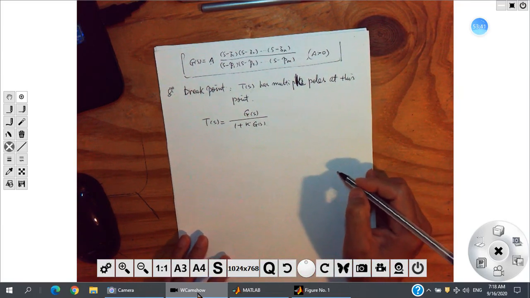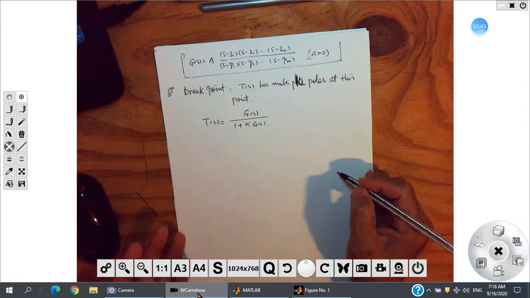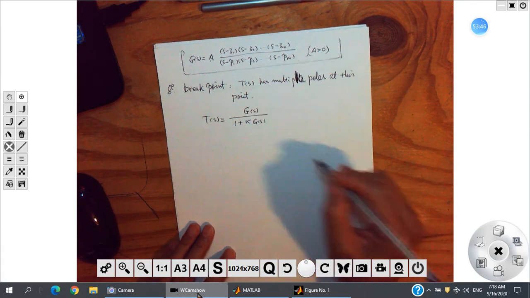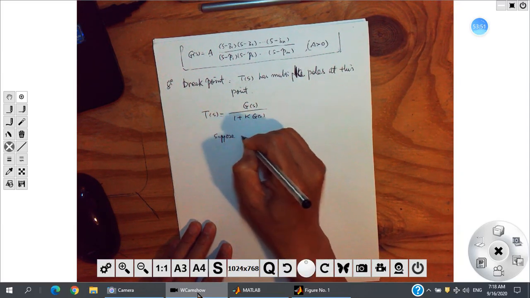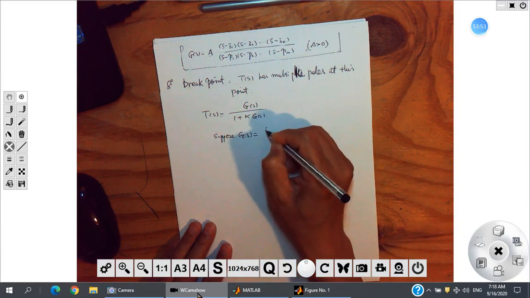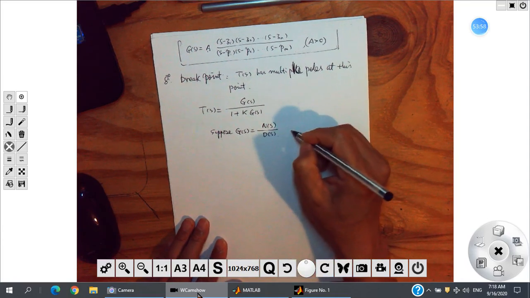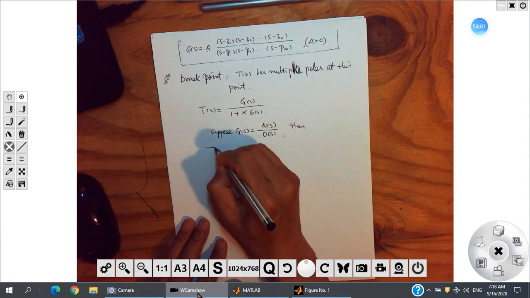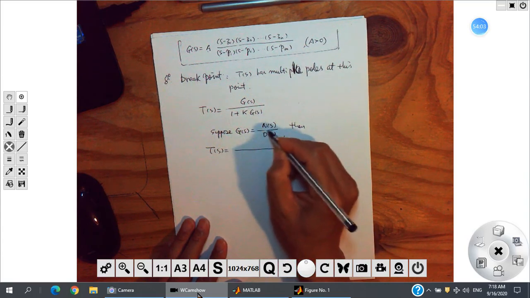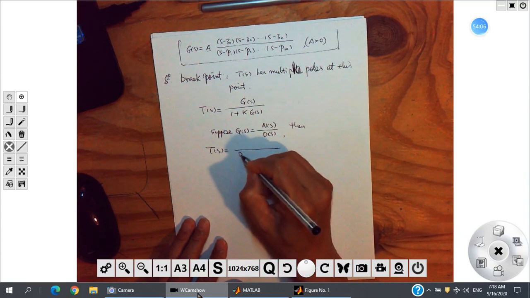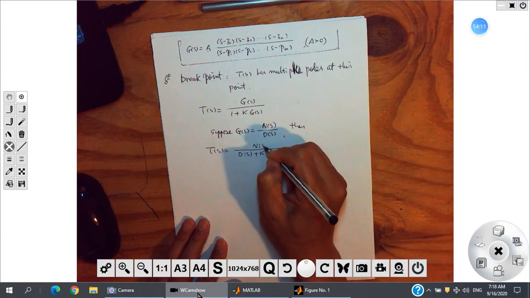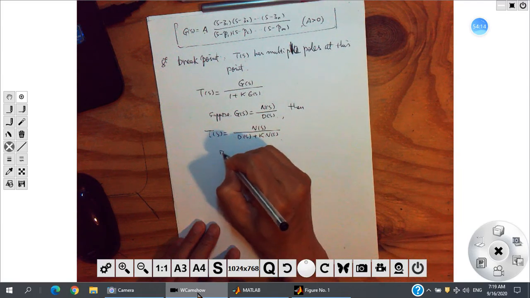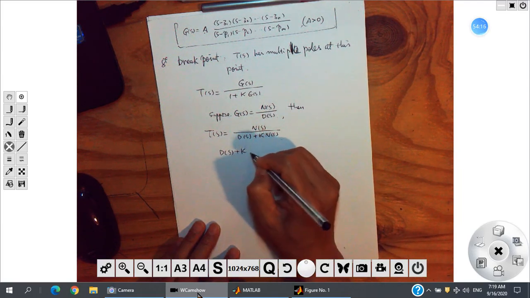Multiple poles means, I will write it this way. Suppose G(s) equals a numerator over a denominator, then T(s) is now the numerator over D(s) plus K N(s), like this.